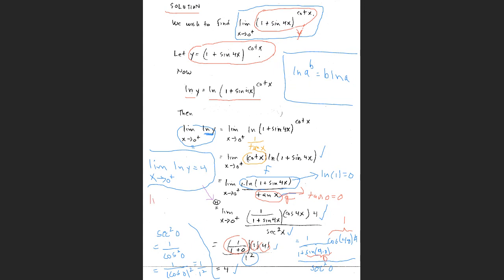But what we're interested in is the limit as x approaches 0 of y, the function y, I should say. That's what we're interested in finding, from above in the notes.